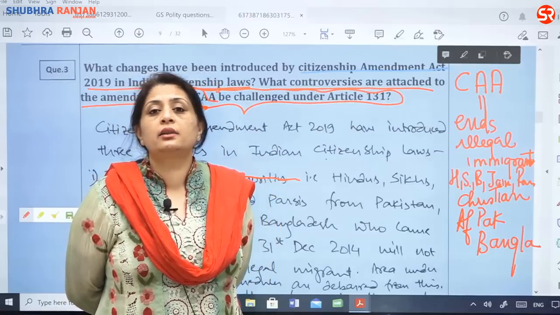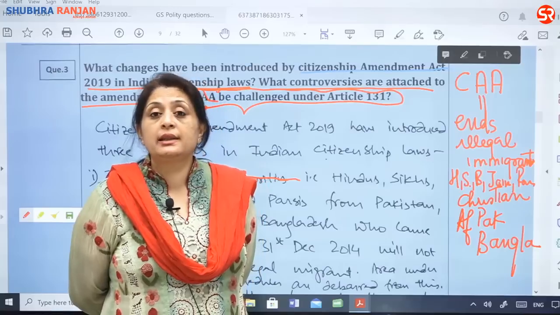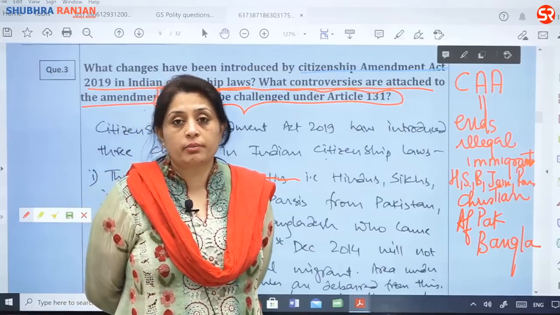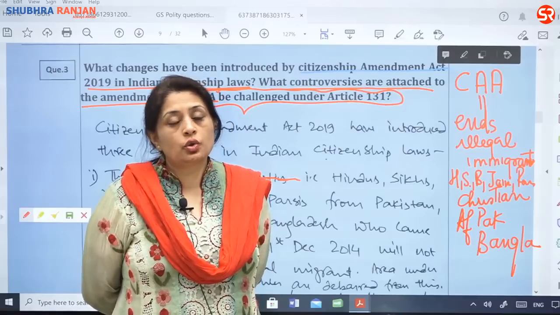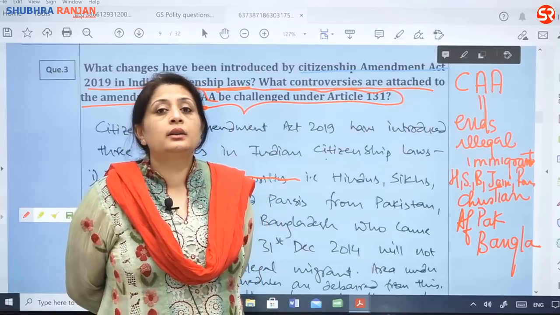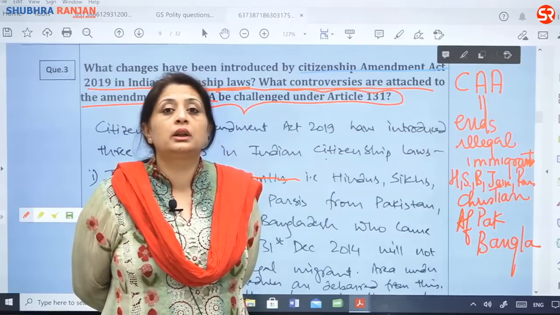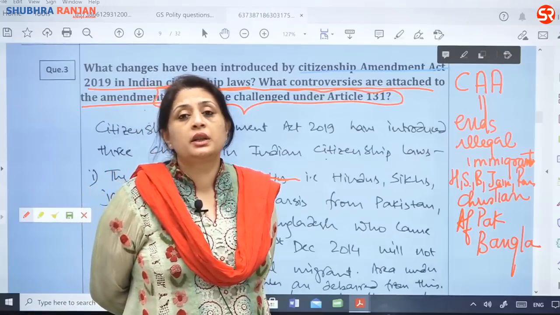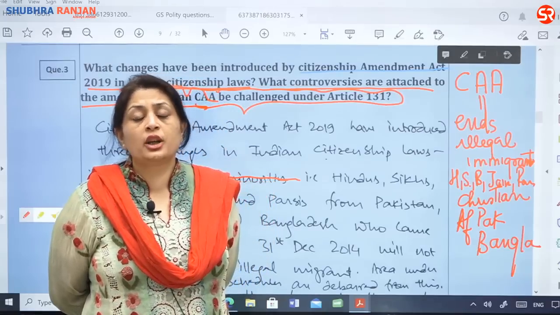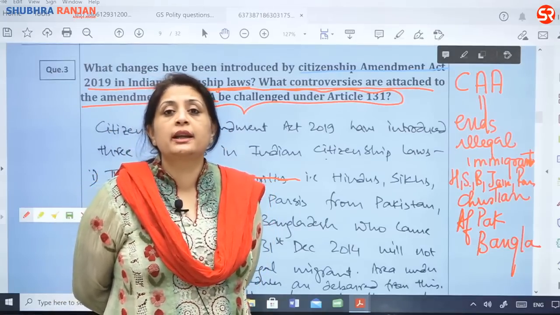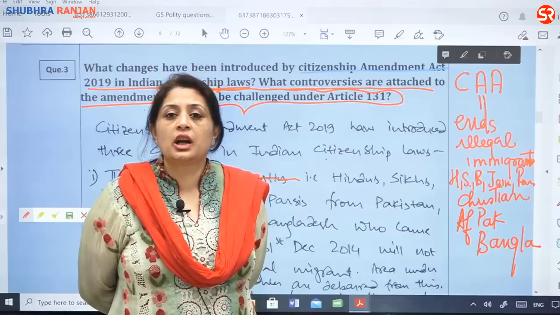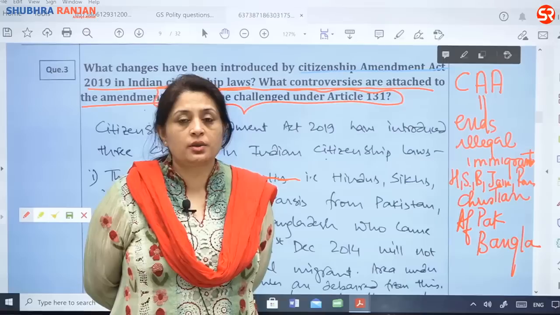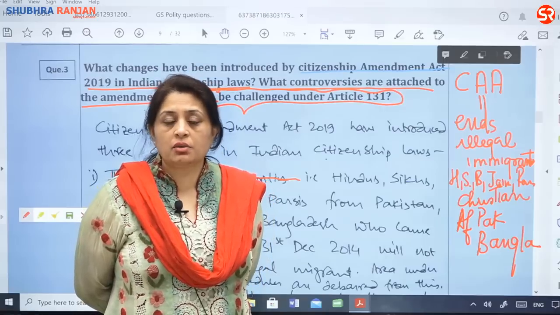Besides this, Article 14 is part of the basic structure of the Constitution which cannot be violated. So it is held that this particular law is discriminatory against the Muslims, because Muslims, like in Pakistan the Shias and Ahmadiyas, have also been subjected to religious persecution.